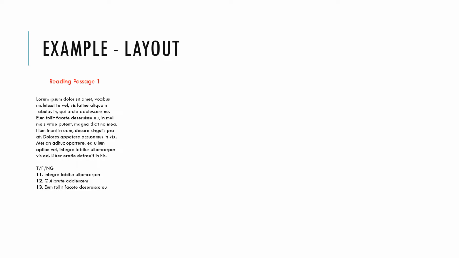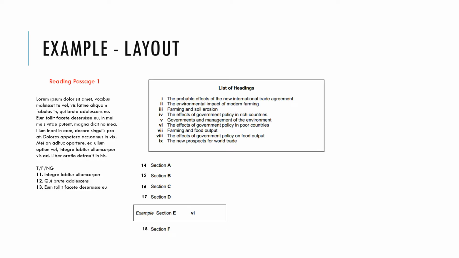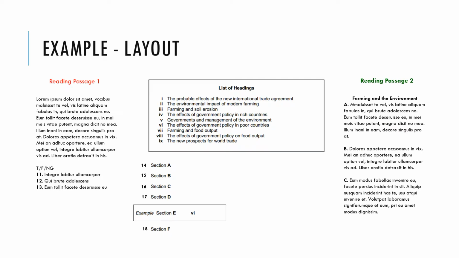We're now moving on to reading passage 2, where we see we've got our list of headings questions first. It's very important to remember that these are always going to be before the reading passage you're going to be answering the questions to. So the list of headings questions are about reading passage 2 and nothing to do with reading passage 1. This is very important to remember.